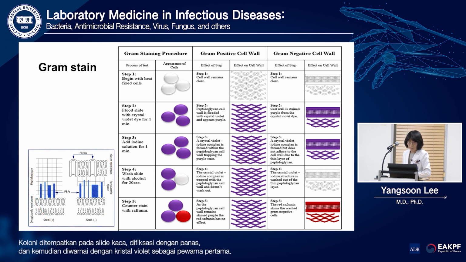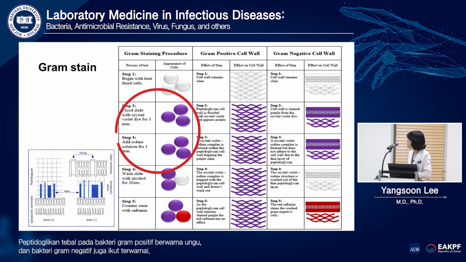The colonies are placed on the glass slide, fixed with heat, and then stained with crystal violet as the first dye. The thick peptidoglycan in gram-positive bacteria is colored purple here, and gram-negative bacteria are also colored.